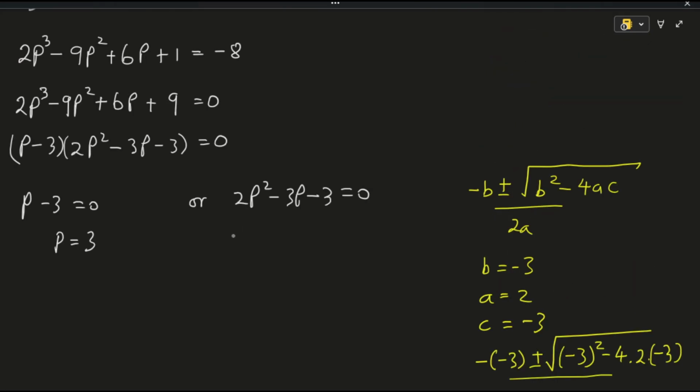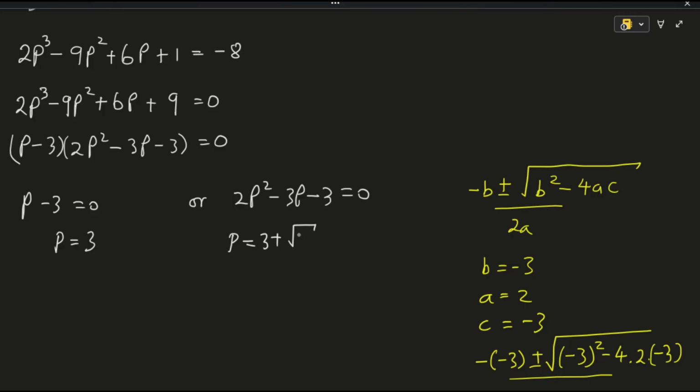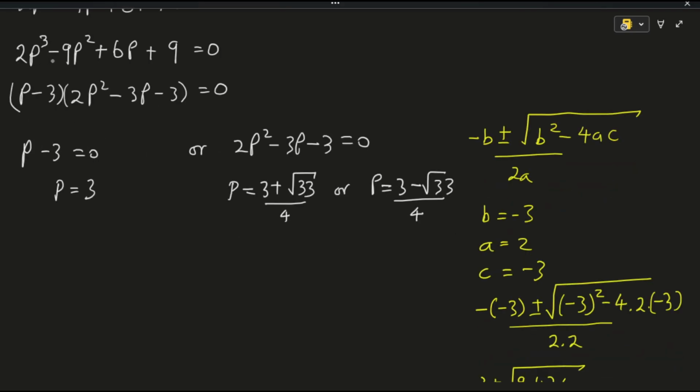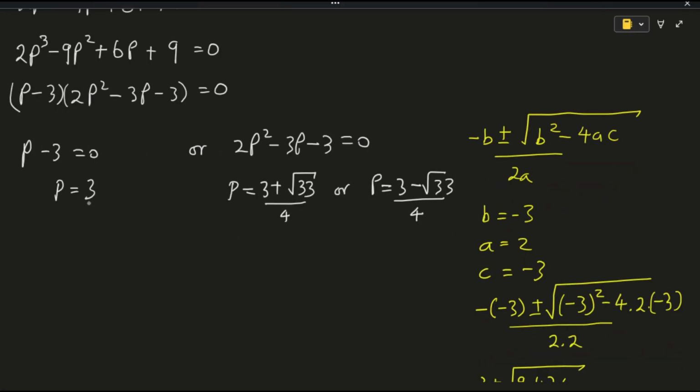So in this expression, we have p is either equal to 3 plus root 33 over 4, or p is equal to 3 minus root 33 over 4. So our cubic polynomial would have 3 values of p: p is equal to 3, p is equal to 3 plus root 33 over 4, or p is equal to 3 minus root 33 over 4.